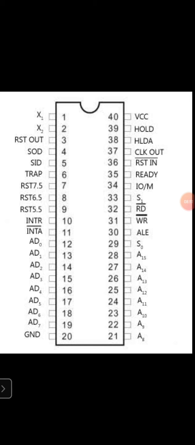There is no question of analog data. Every data, whether 20, address, data or voltage, whatever we consider through the microprocessor, must be in digital form. All bar signals are active low signals.